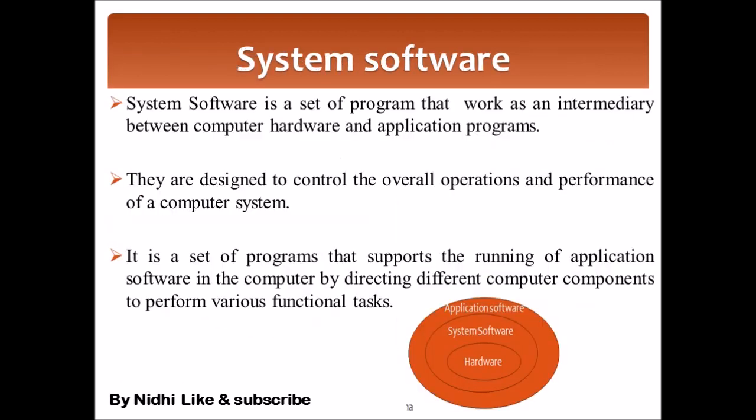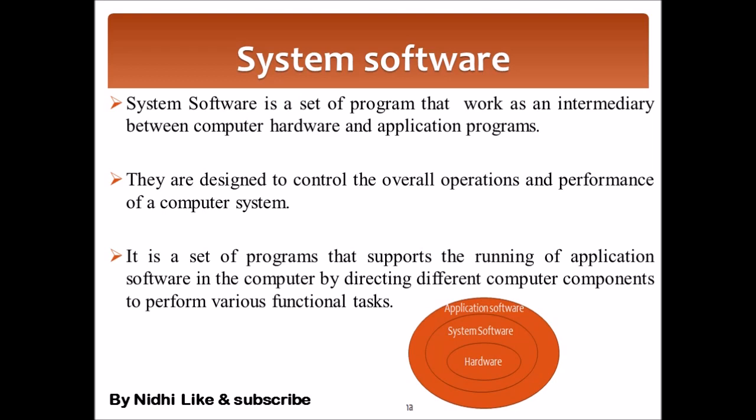Now we will talk about system software. System software is a set of programs that works as an intermediary between computer hardware and application programs, as we have seen in the diagram showing the relationship between hardware and software. You can say it works as a mediator between hardware and application software.